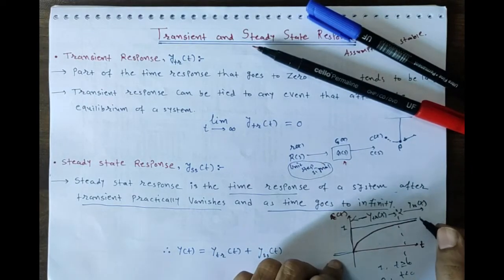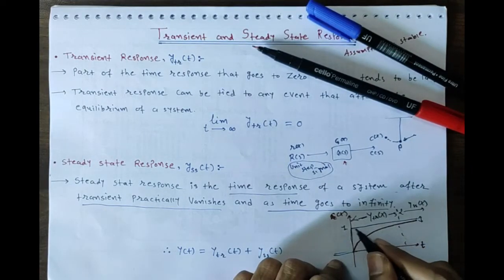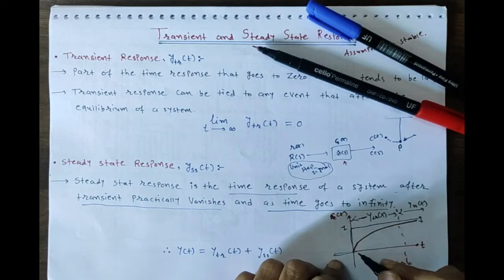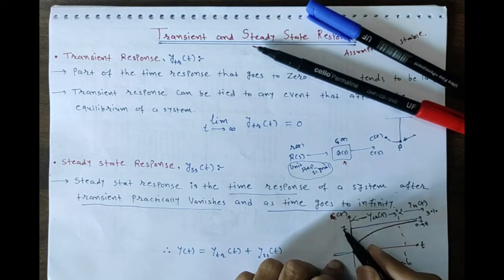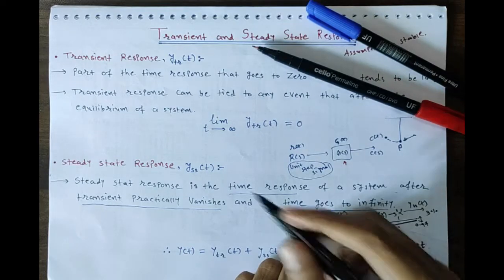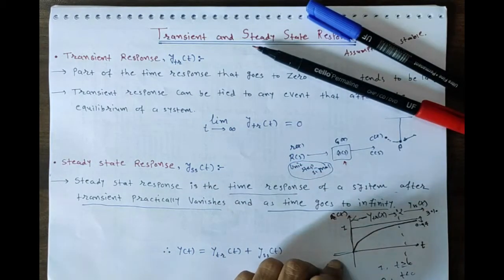Okay, now in the steady state response, you can see the ideal value should be unity, but here it is going to increase from 0 to some value. Let's say here the value is 0.97. Whenever you have a 3% difference between the actual value and your output, it is known as the steady state output or the steady state response.